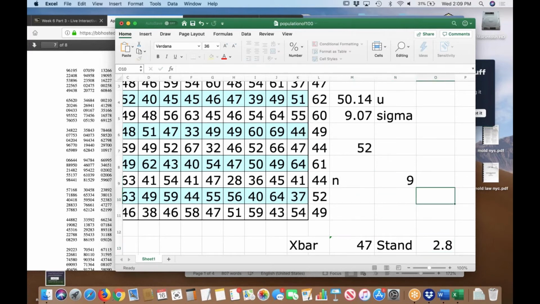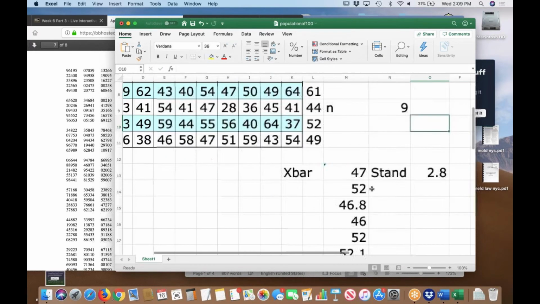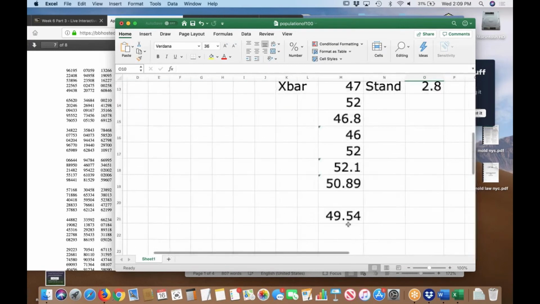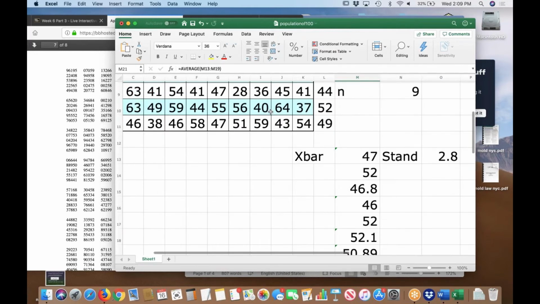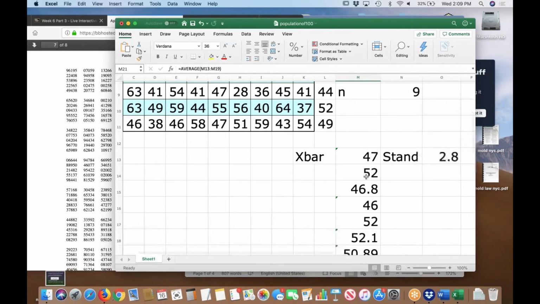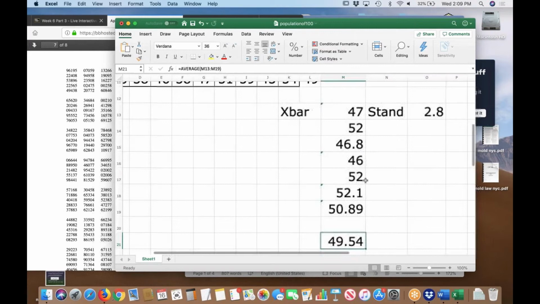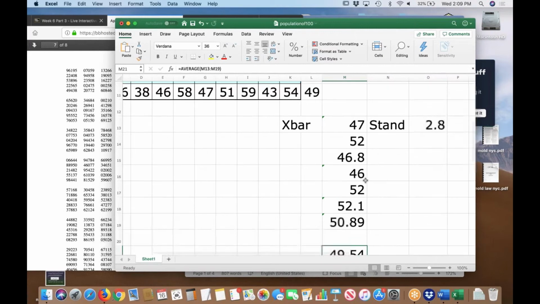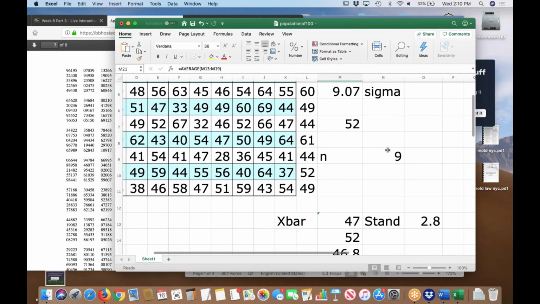Well, it sure looks like the relationship between the mean of the population and the mean of repeated samples is that the mean of repeated samples does a pretty good job of approximating the population mean, but the variability of the repeated samples from that population of the same size is much smaller than the population standard deviation. And maybe it's related to the sample size.